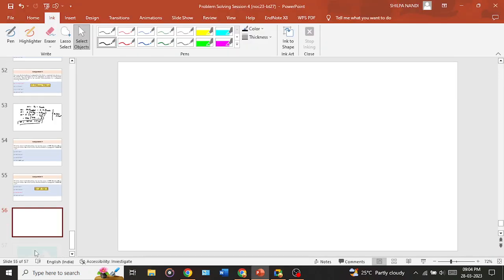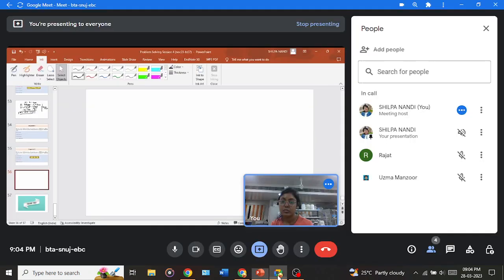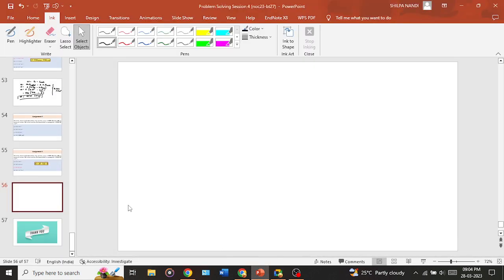Here we will try to solve. We have delta G equal to delta H minus T delta S equal to 0. Now if you take this to the other side, you will get this. You already have T equal to 30 degrees centigrade.